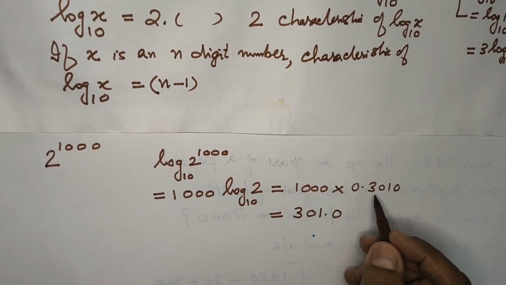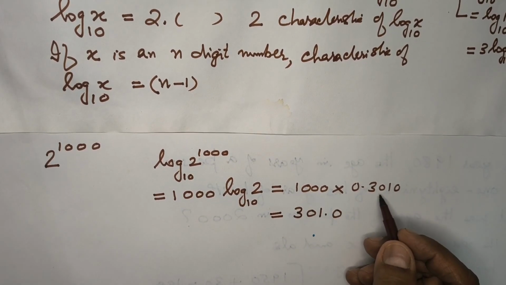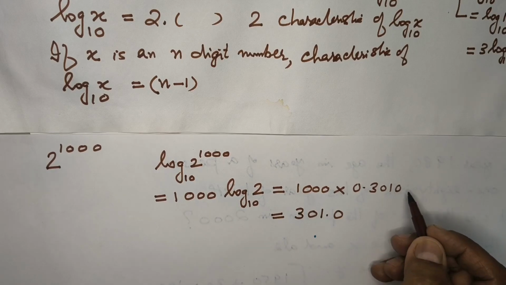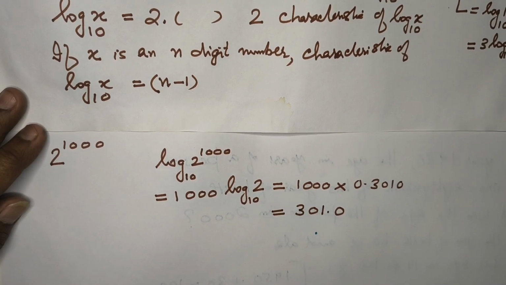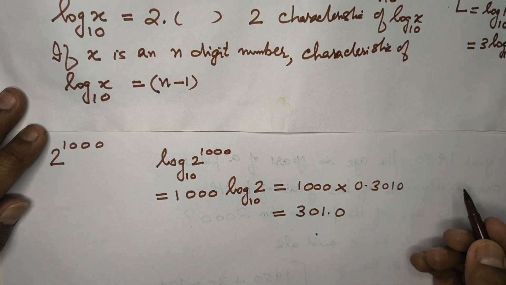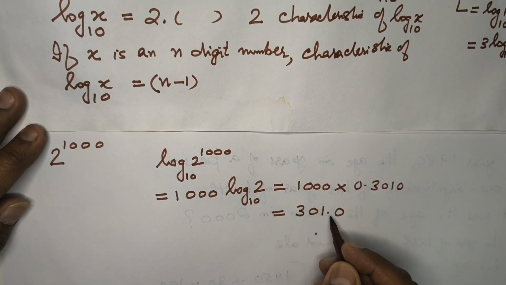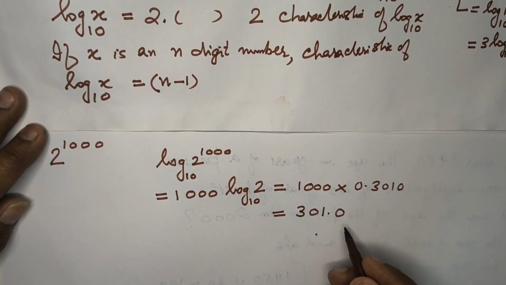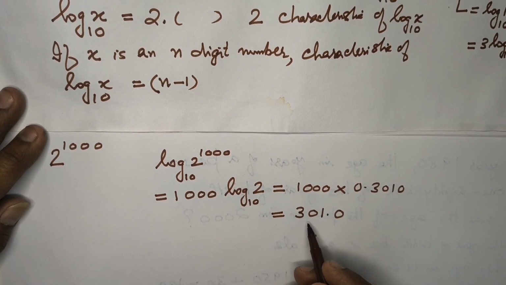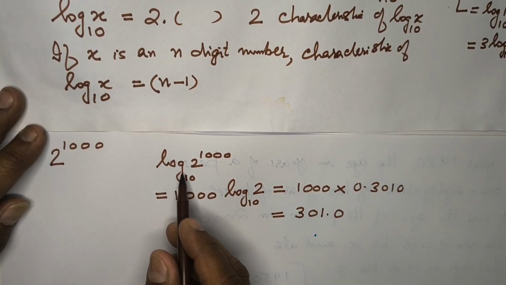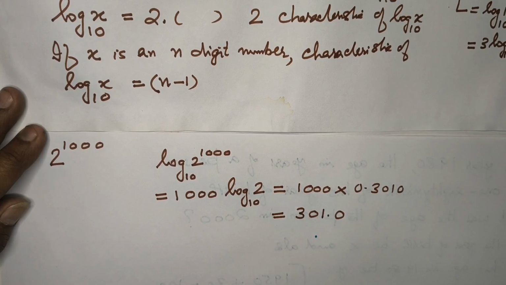In fact, this is an approximated value of the logarithm. The correct value will go on. It's a non-terminating decimal number. So there will be a few more numbers here, and you will be getting 301 point some other numbers. Anyway, as I told you before, we are not interested in this part. 301 is the characteristic of logarithm of 2 to the power 1000.